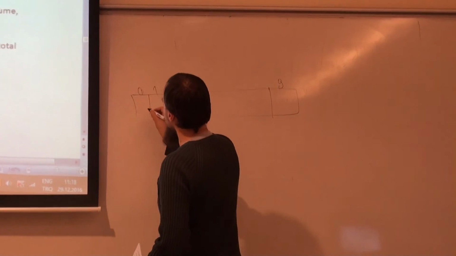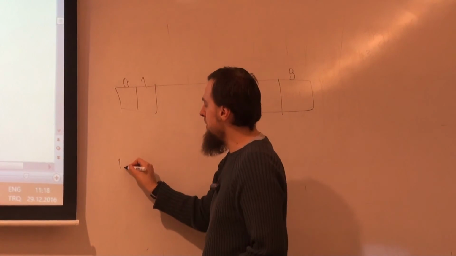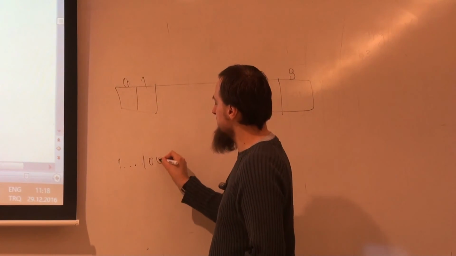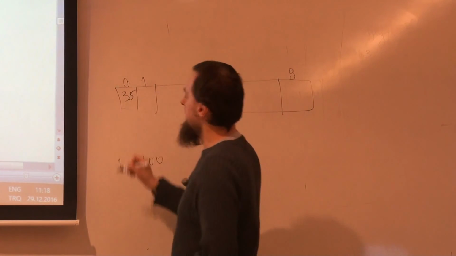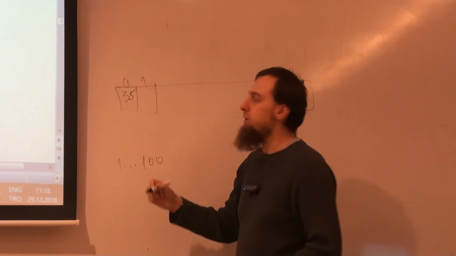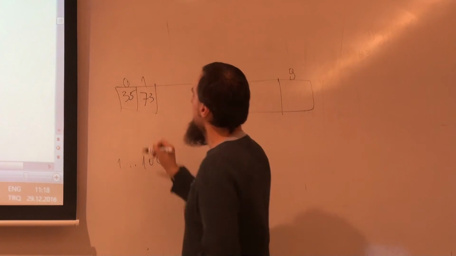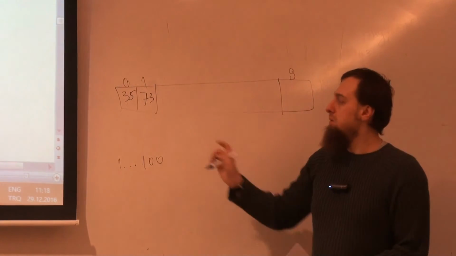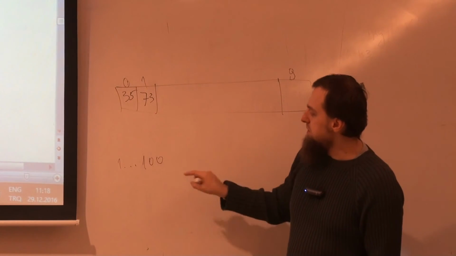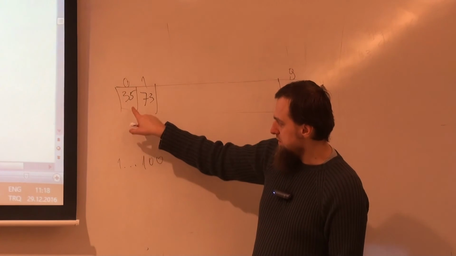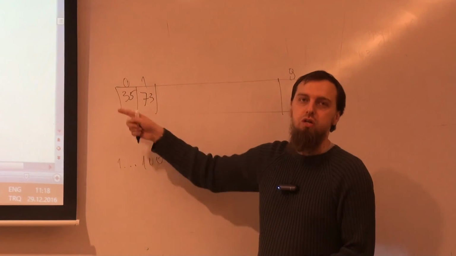And I put numbers here, let's say, and I generate numbers from 1 to 100. Let's say I generated 35. I put 35 here. Then I generated 73, and I put 73 here. Then I generated 35 again, but 35 exists here, so I regenerate another one. Basically, if a number exists here, I should regenerate it again.